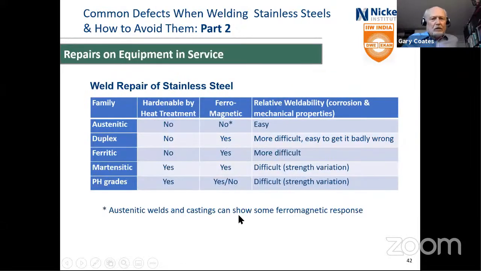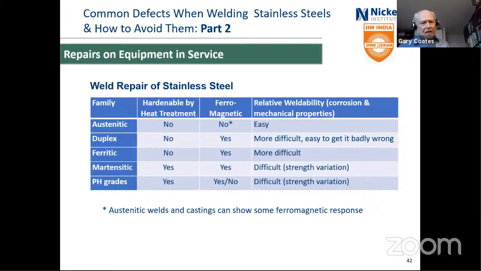So, weld repair of stainless steel. I've divided them into families here, and of course, one of the important parameters is whether they are hardenable by heat treatment. By heat treatment, I mean the heat treatment from welding specifically here.